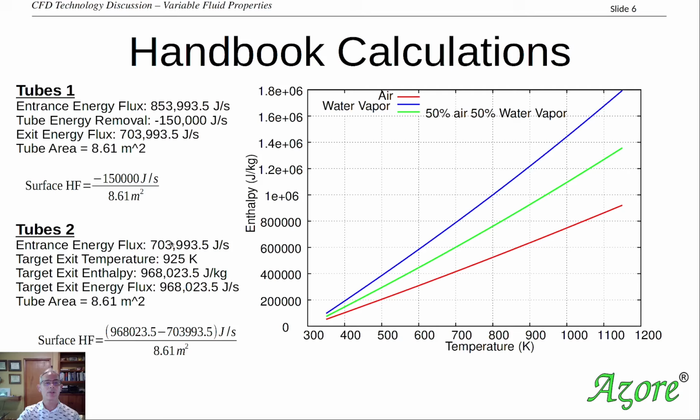Now we know that the difference between this 700,000 number and this 968,000 number, divided by the surface area, should be the amount of energy that we need to add into the system to achieve that temperature. We can simply do that subtraction here and come up with the boundary condition, since we're going to assume a uniform heat flux on the second set of tubes. This is how you would calculate that number very precisely. And then we should get out of our CFD model the exact numbers that we are expecting.